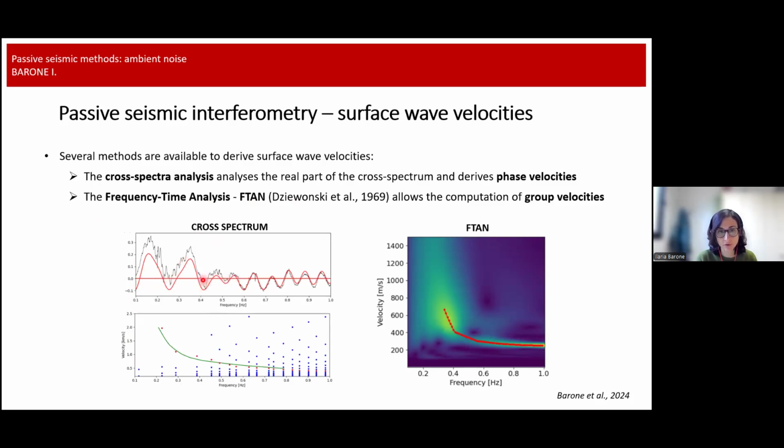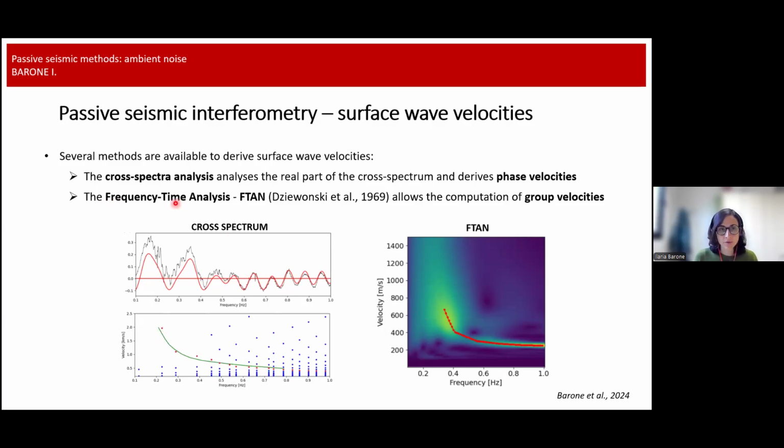So every time this function crosses the zero, we have a frequency value and a number of associated possible velocities for the medium. And what we need to do in this method is to try to pick the most plausible ones.